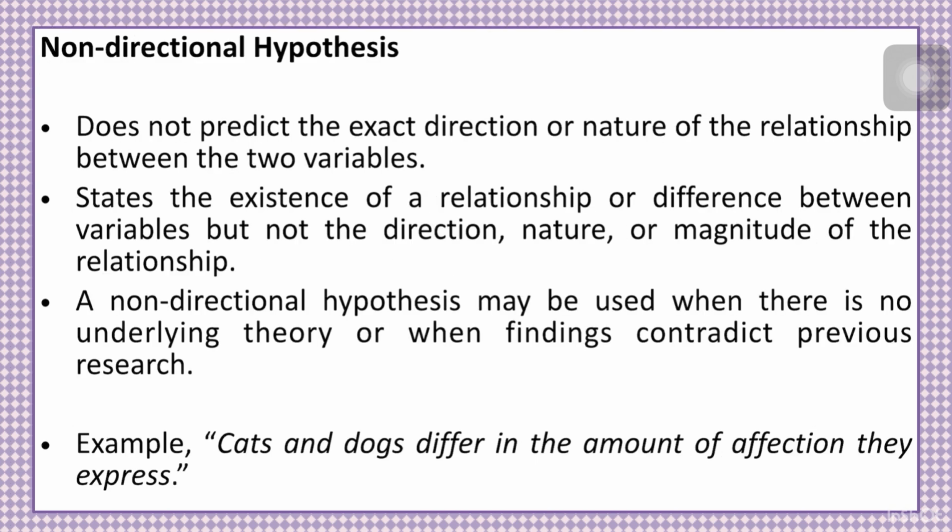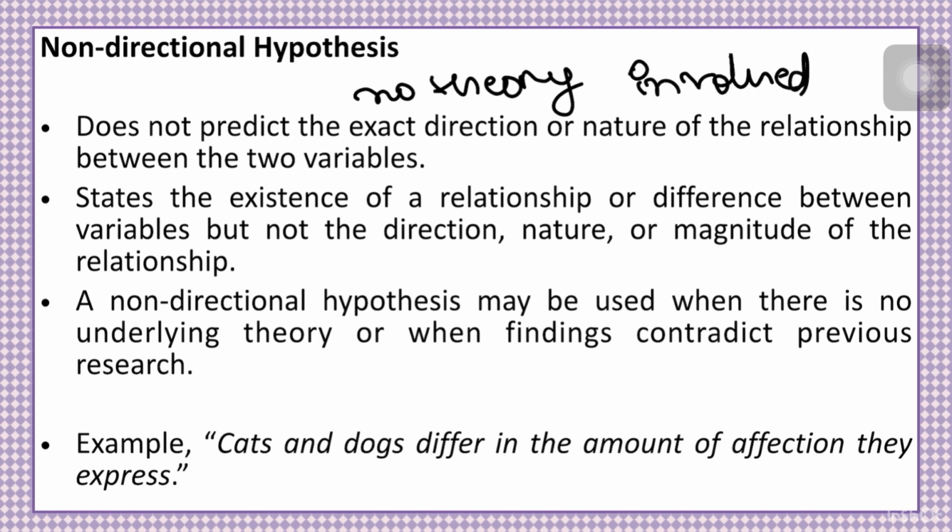Going further, the opposite of directional is the non-directional hypothesis. Over here, these are used when there is no theory available to us, where no theory is involved. We try to explore the relationship between dependent and independent variables, but no direction, nature or magnitude of the relation is specified.